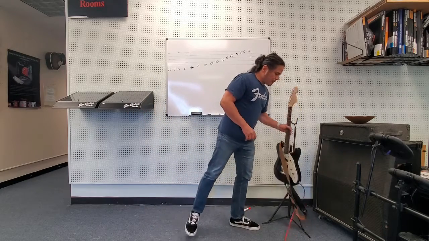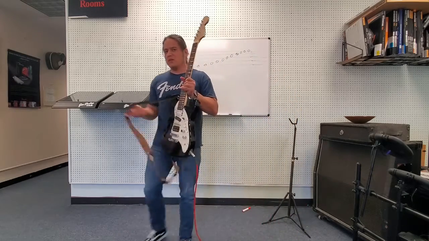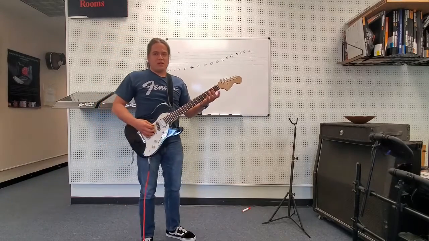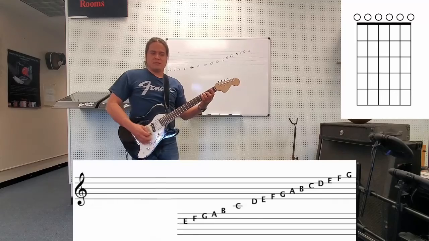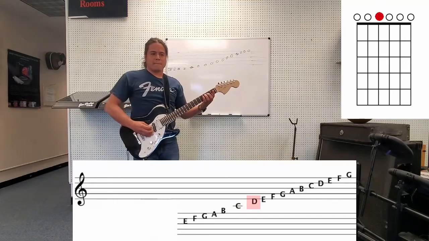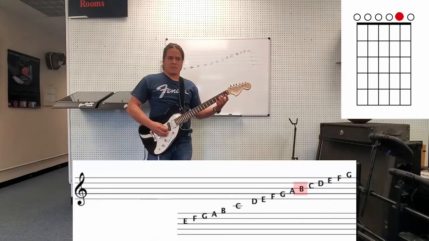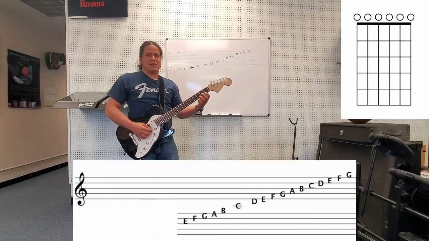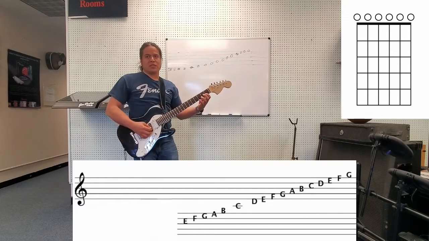So the way that's going to look on the guitar is like this. We have the first octave, and then we add the additional notes. So C is here.